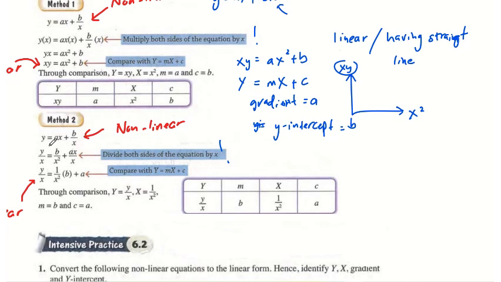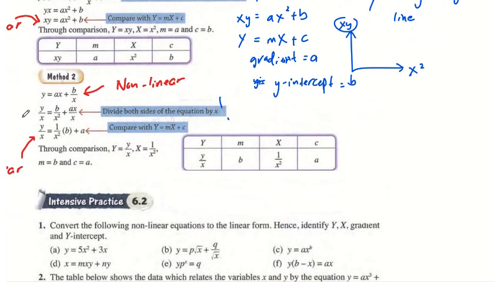So here it's the same equation, y equal to ax plus b over x, same as method 1. But here we divide both sides by x. Method 1 is multiply by x, method 2 is divide by x. So all terms here are divided by x: y divided by x, ax divided by x, b over x divided by x.